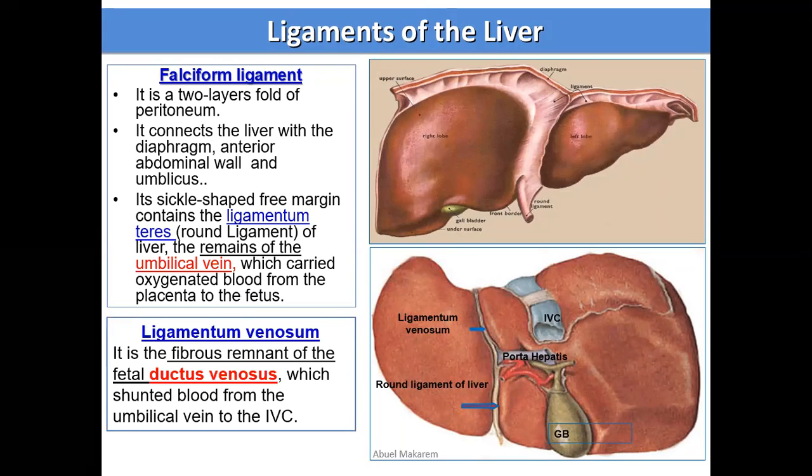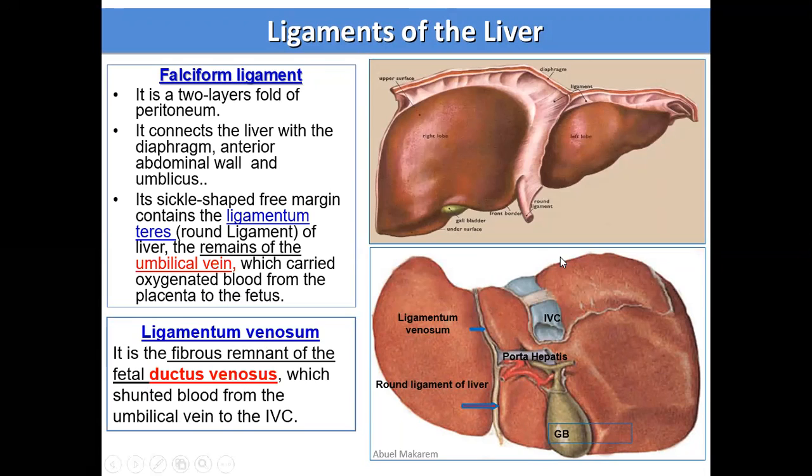Then we have the ligamentum venosum behind. If you see here, this is the ligamentum venosum. It is the fibrous remnant of the fetal ductus venosus, which shunted blood from the umbilical vein to the inferior vena cava directly without going into the liver, because in the fetus the liver is not much functional.